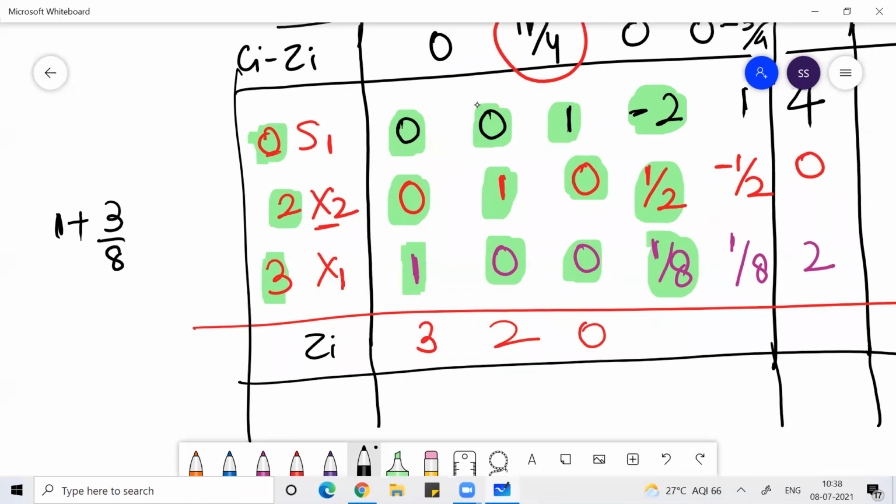So 1 plus 3 by 8, how much will you get? 11 by 8. Correct? Then the next one is 0 into 1, that is 0, plus 2 into minus 1 by 2, which means minus 1.